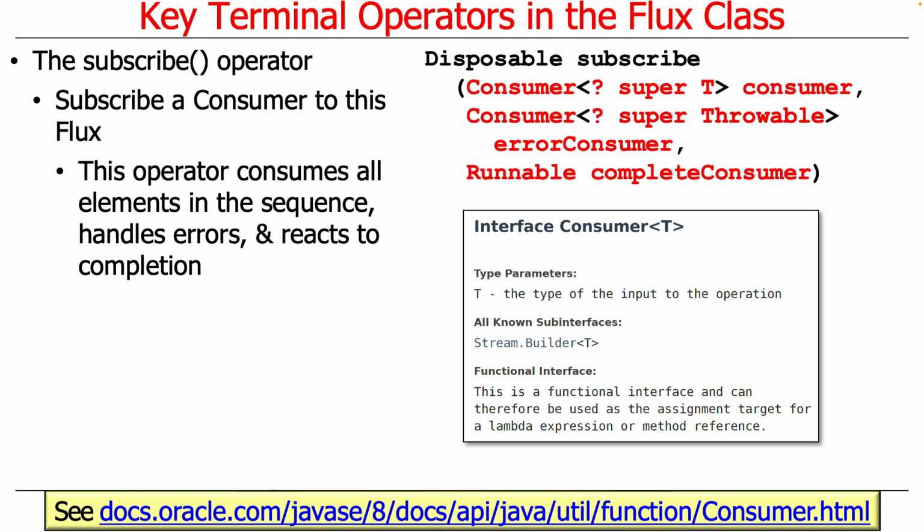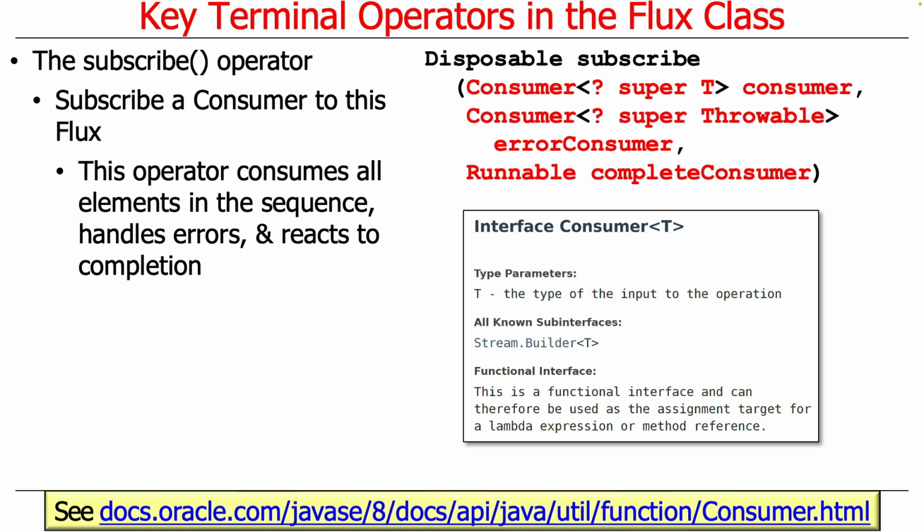It'll also handle any error conditions that may occur, and it'll also handle any completion events that may occur. And you can see here it takes 3 parameters. The consumer is the one that handles the normal case, the on-next events. The error consumer handles the error event if it arises, and the runnable complete consumer is going to be used to handle the completion event if it occurs.